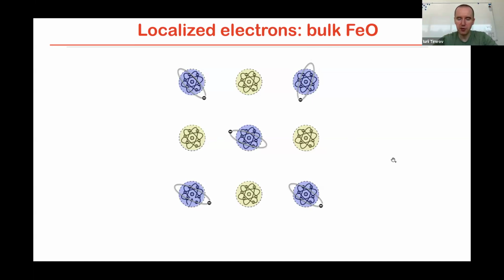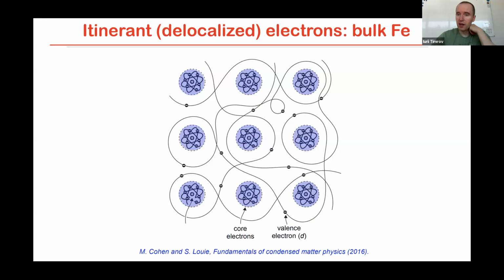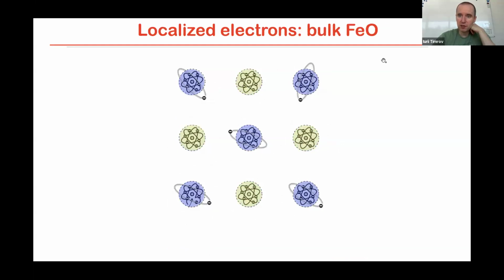So there is a band gap, it's an insulator, and electrons are bound to nuclei, so they are localized. This is very interesting, because if you take iron, it's metallic, and there are itinerant delocalized 3d electrons. But if we combine it with oxygen, the picture changes a lot, it becomes insulating, and electrons are localized.